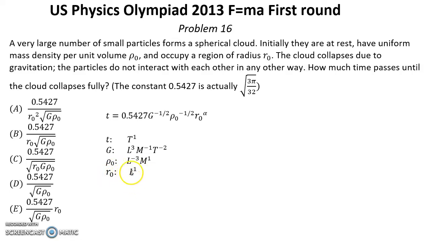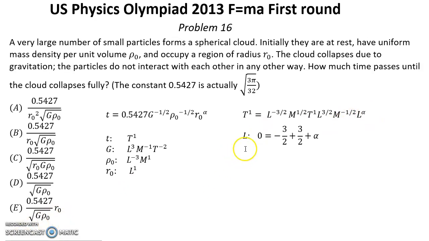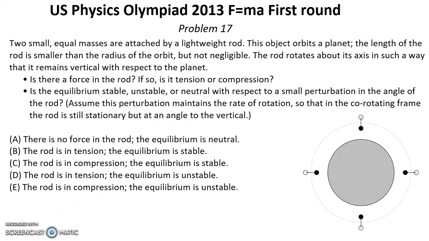Now we can put this expression into this equation. Now our equation looks like this, and from here we can find what alpha is. For the distance dimension we have this equation. It means that alpha equals 0, and the correct answer is D.